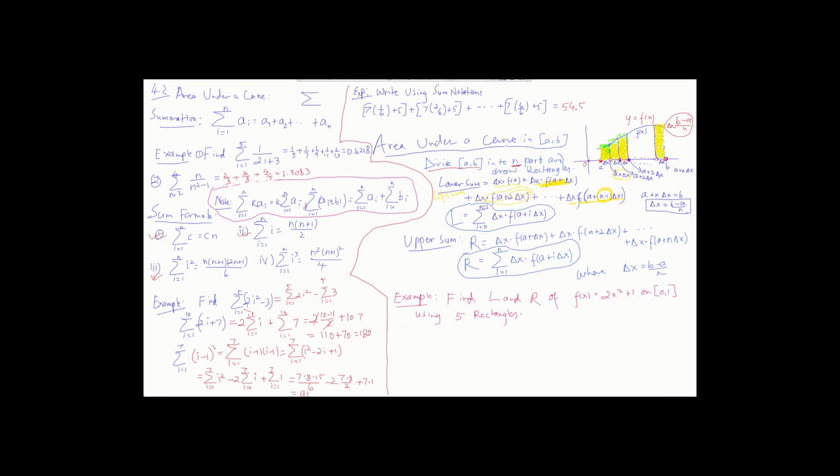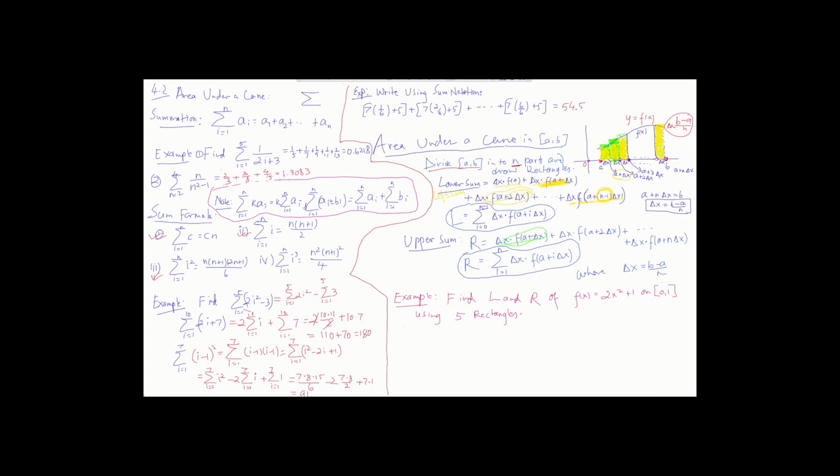The area of the first rectangle is delta x times f of a plus delta x. Similarly, for the second one, the width is delta x again, and we take the right height as the height of the rectangle and complete it. The area is delta x times f of a plus 2 delta x.